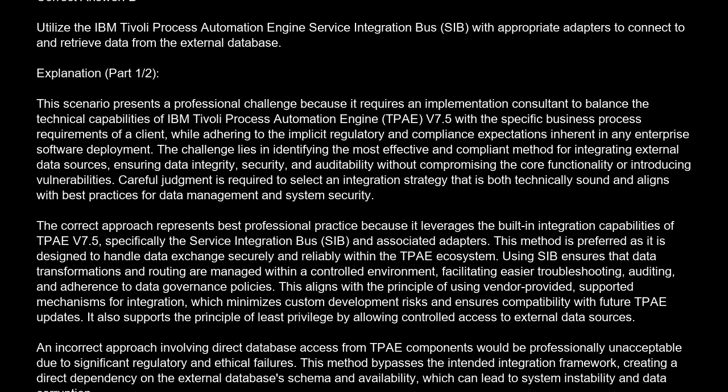Using SIB ensures that data transformations and routing are managed within a controlled environment, facilitating easier troubleshooting, auditing, and adherence to data governance policies. This aligns with the principle of using vendor-provided, supported mechanisms for integration, which minimizes custom development risks and ensures compatibility with future TP updates. It also supports the principle of least privilege by allowing controlled access to external data sources.